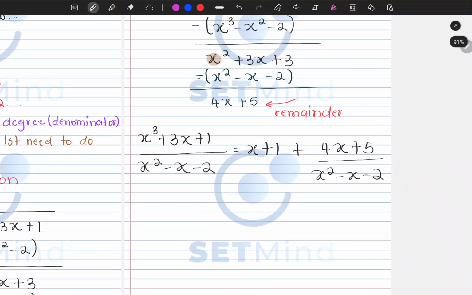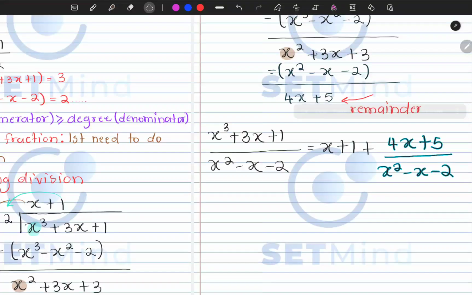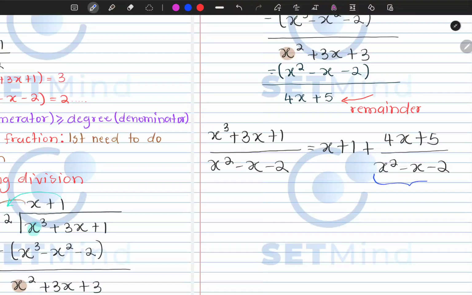So now what we need to find the partial fractions of is what is there on the right hand side. We've done the work, but we need to further split this. This is where we need to split into partial fractions. That is what we need to do now.